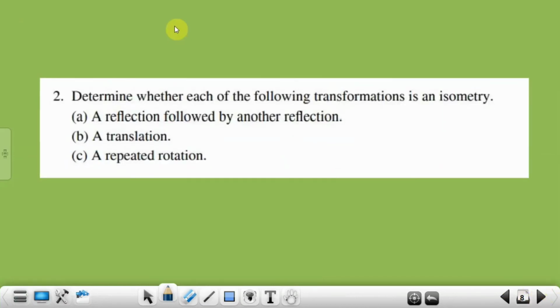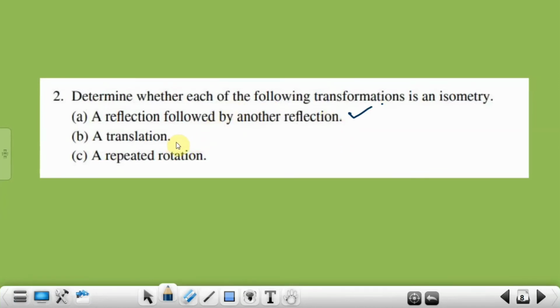Okay, number 2, determine whether each of the following transformations is an isometry. Number 1, a reflection followed by another reflection. Means that they have 2 reflections. Is it an isometry transformation? Yes, no problem, because reflection itself is an isometry transformation. If you have more than 1 reflection, it will not change the shape and size of the image from the object.